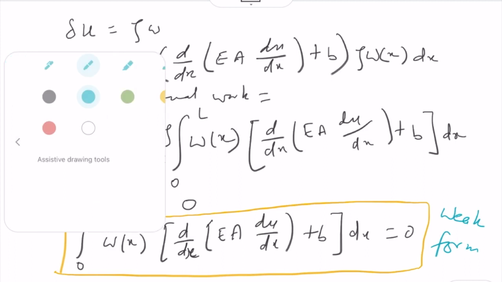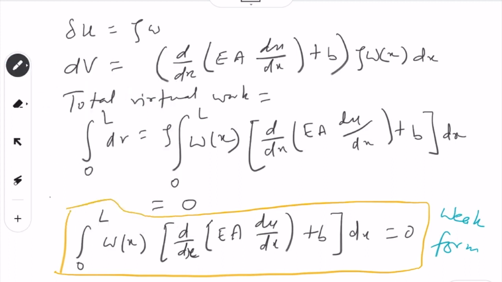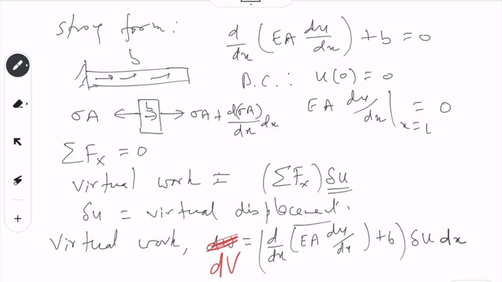So here we see that starting from the minimum potential energy, you can get the weak form. We did it mathematically, basically knowing the definition: the minimum potential energy is nothing but a functional, which is minimized by the solution displacement.